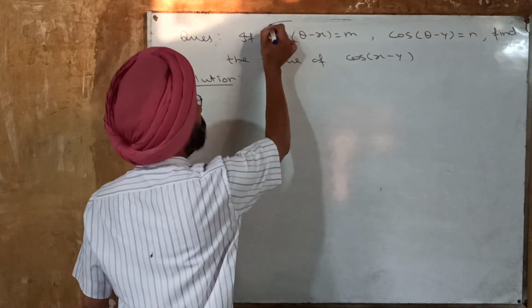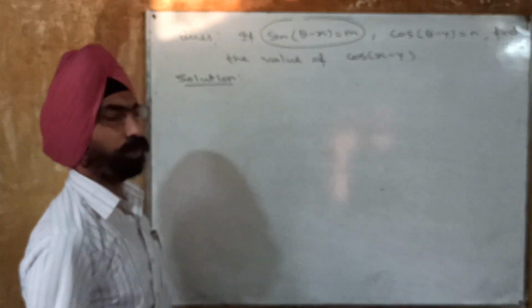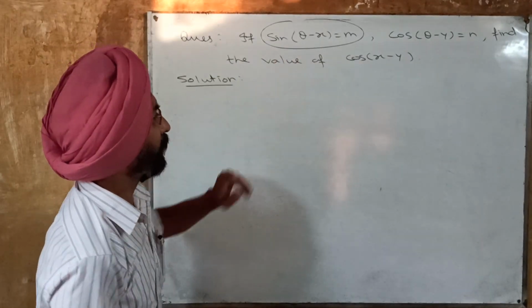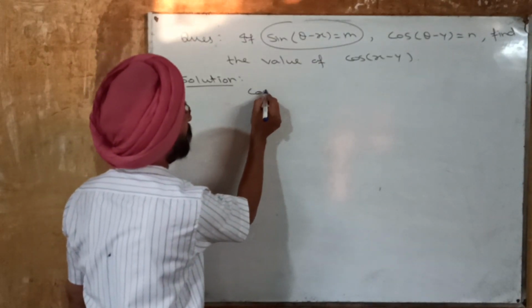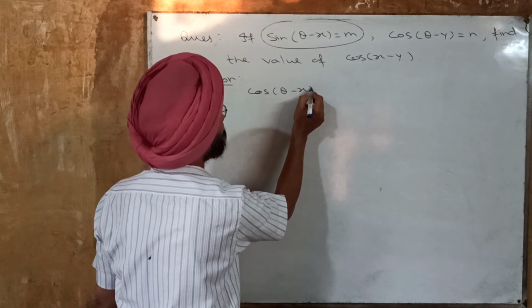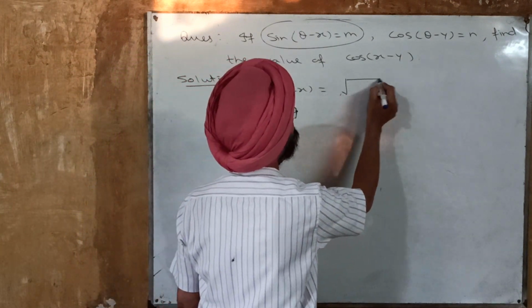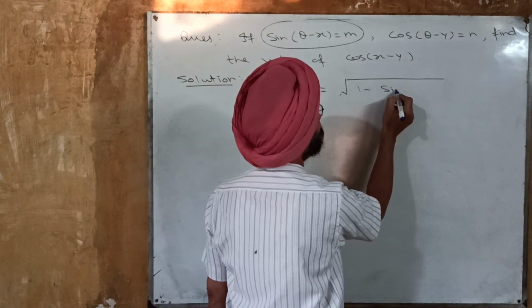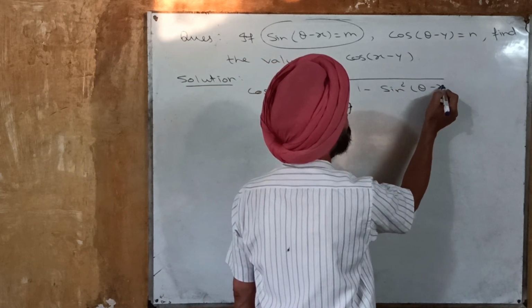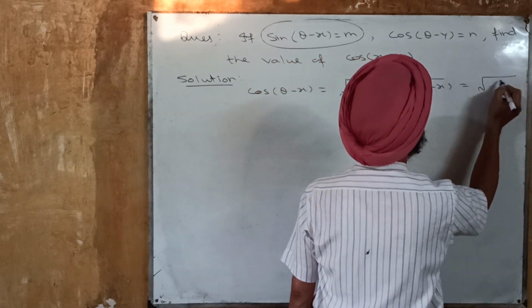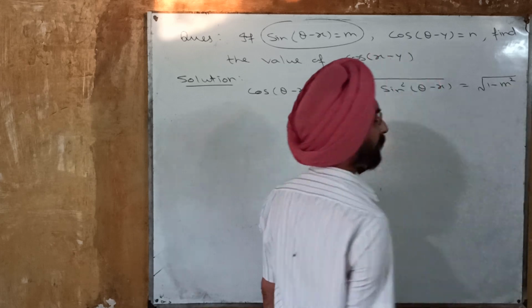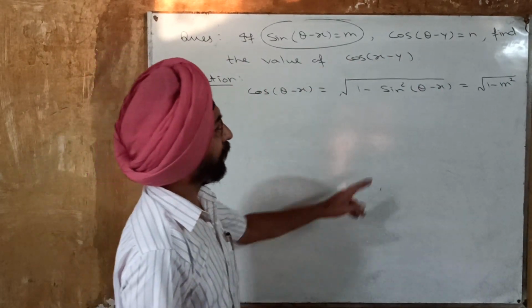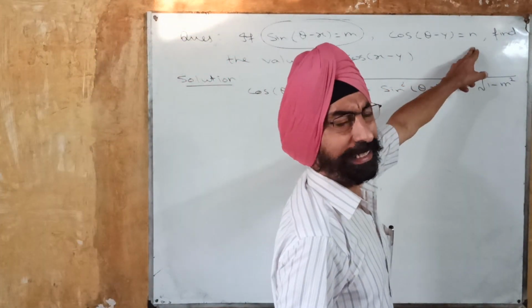You are given sin(theta minus x) is equal to m. From here, you can say cos(theta minus x) is equal to square root of 1 minus sin square(theta minus x), that means square root of 1 minus m square. Similarly, cos(theta minus y) is n.